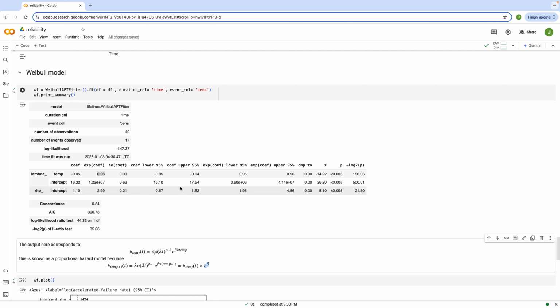And we can come up with these 95% confidence intervals, so it could be as low as negative 0.05, or as high as 0.04. If we were to exponentiate this, it would correspond to a 5% decrease, or as much as a 4% decrease.